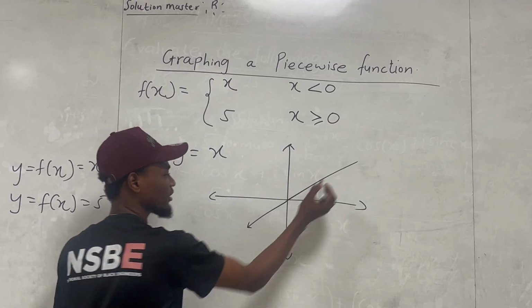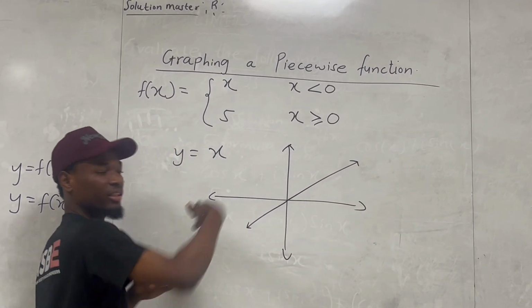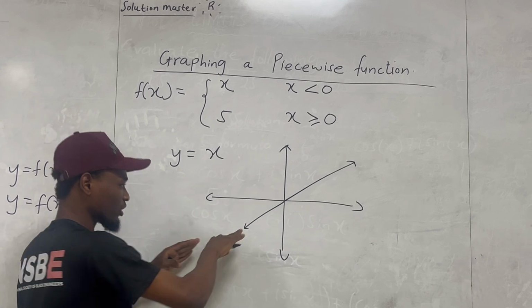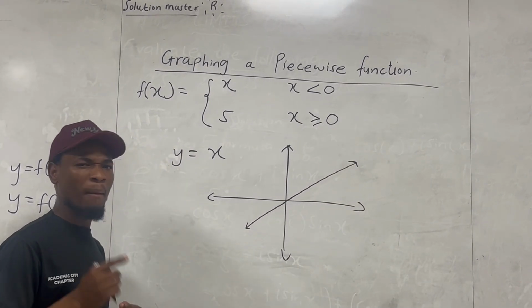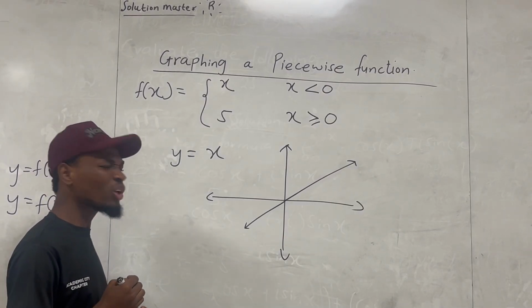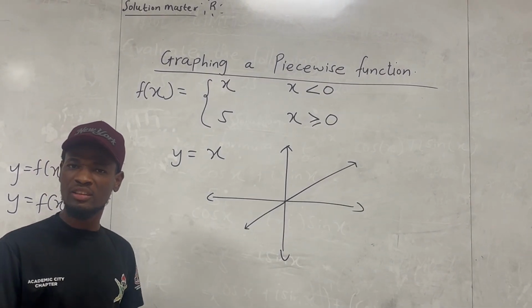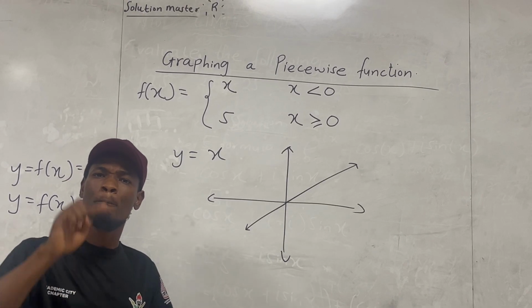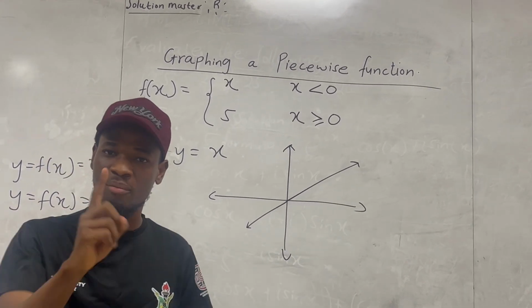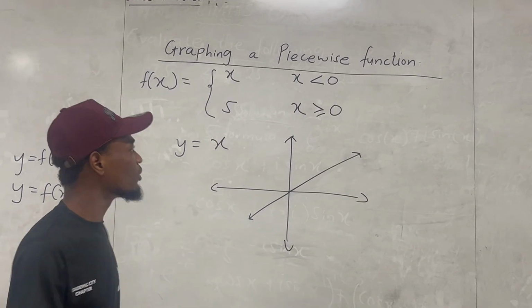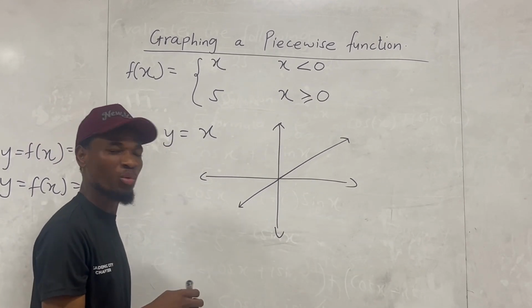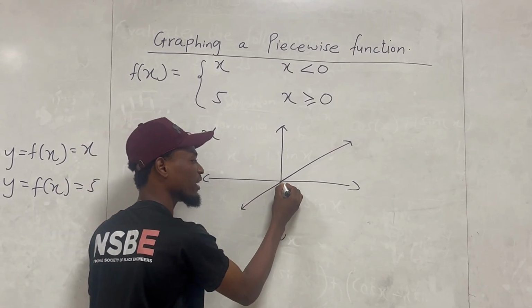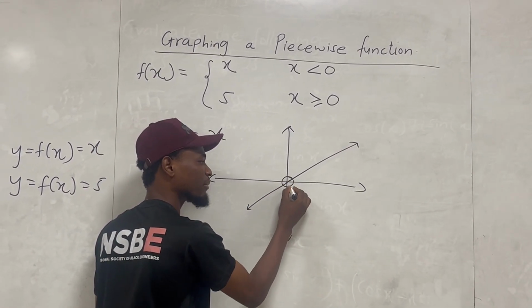It is simply a straight line or a diagonal line passing through the center. But you ask yourself, which part is more appropriate? Then you need to obey the condition given by the question. So here x is less than 0, and we know that the origin is my 0.